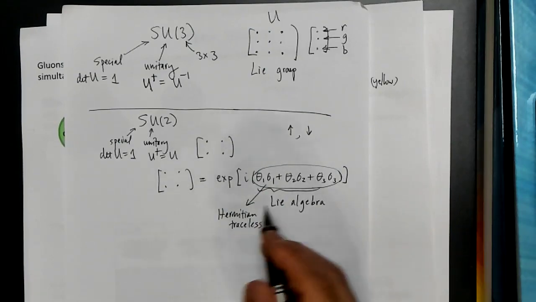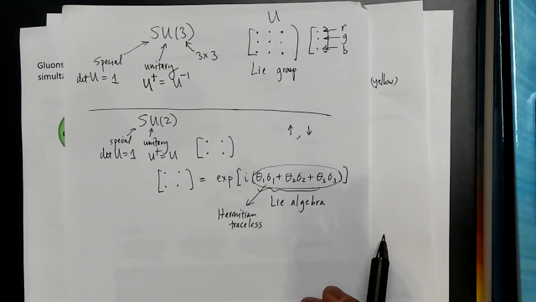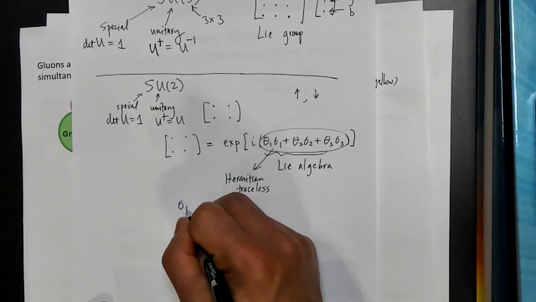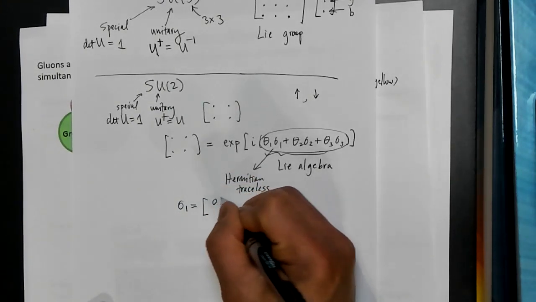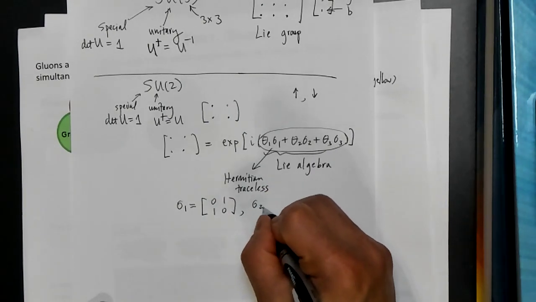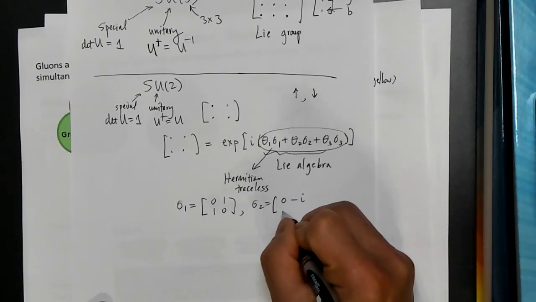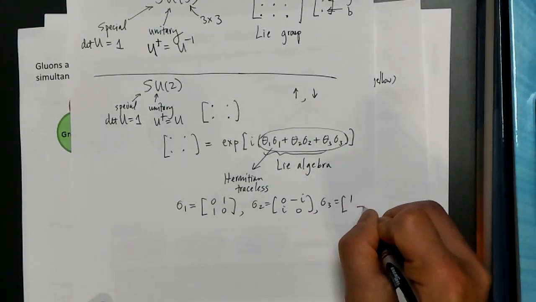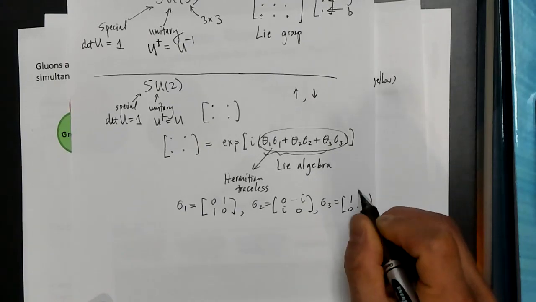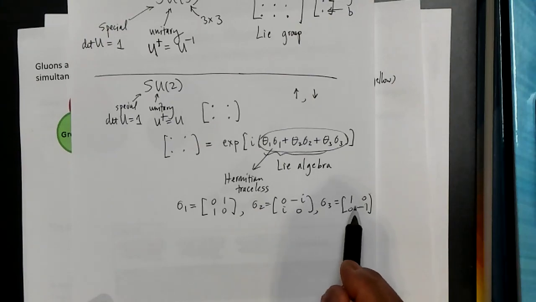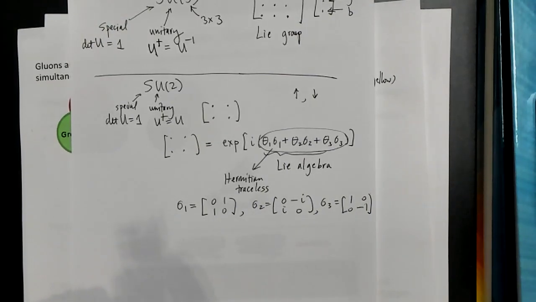So remember, the trace is the sum of the elements along the diagonal. And there turns out to be only 3 linearly independent matrices you can write down of this form: sigma 1, sigma 2, and sigma 3. And these are the well-known Pauli matrices. Okay, you'll notice that they're Hermitian and they are traceless. Summing the diagonal entries gives you 0.